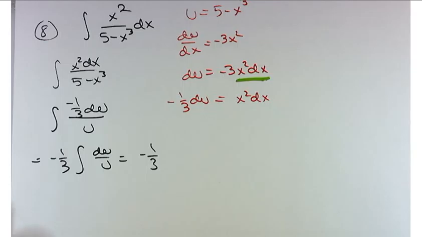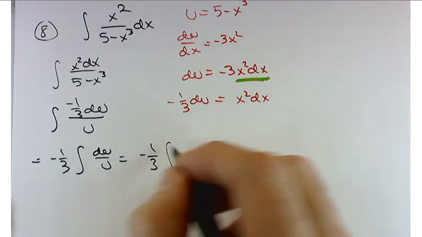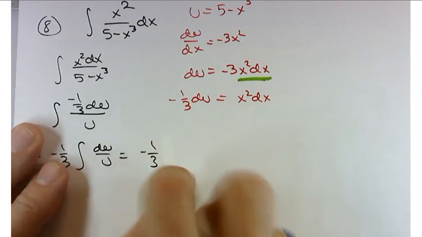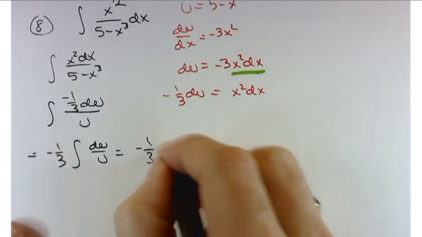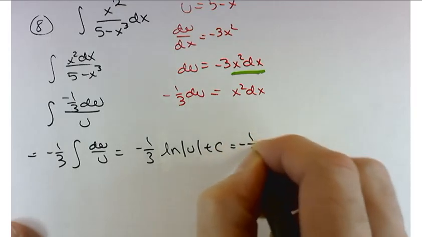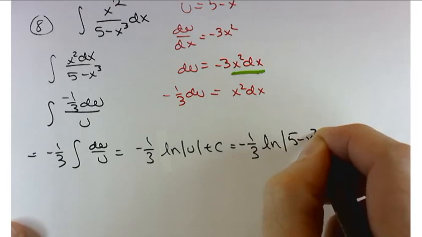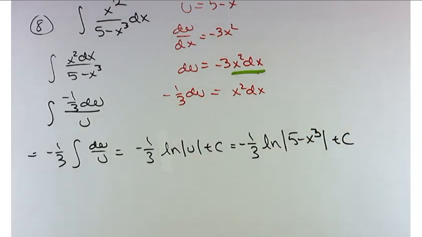Well, actually I can find the antiderivative of that now, right? Negative 1/3 times the ln of the absolute value of u plus a constant, or negative 1/3 ln of the absolute value of 5 minus x cubed, plus a constant. Yay, not so bad.